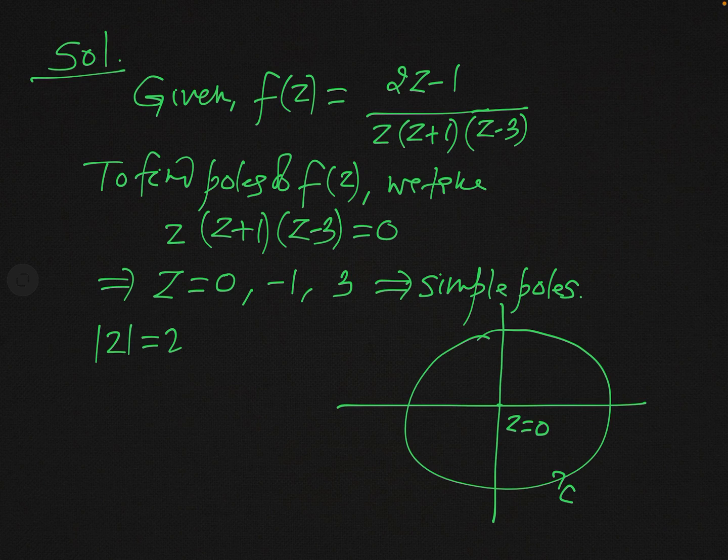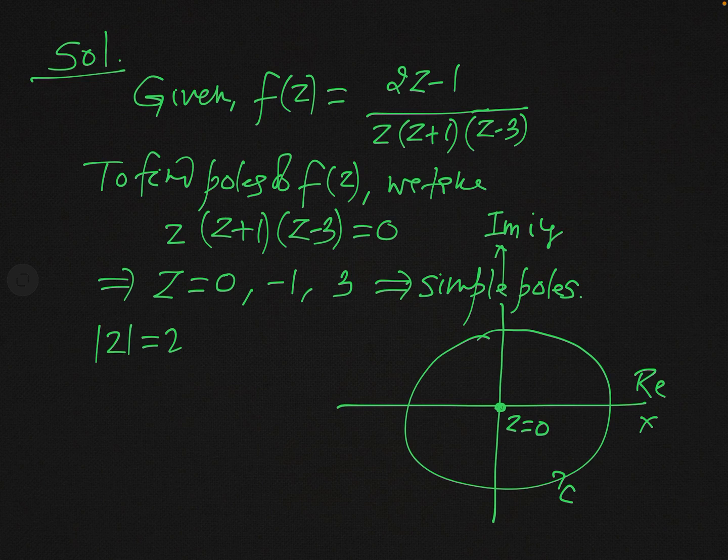And now you know this is actually the real axis, which I have denoted by x, and this is actually the imaginary axis which will be represented by iy. And you can see all the singular points are in fact real, so all these points will lie on the real axis. First pole is z equal to 0, so this will be actually at the center of the circle.